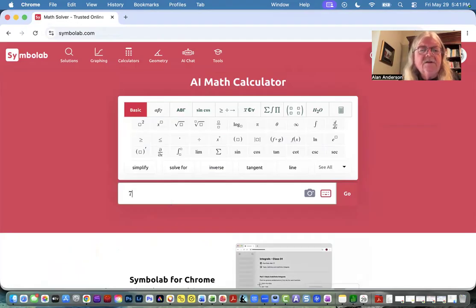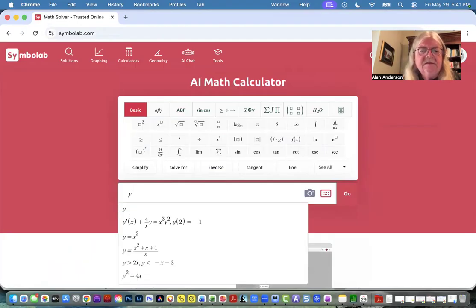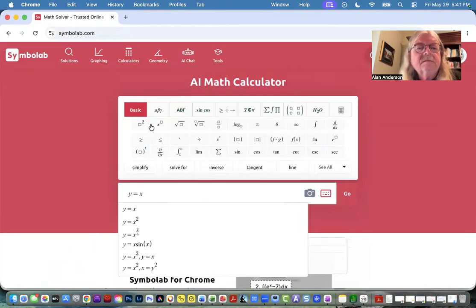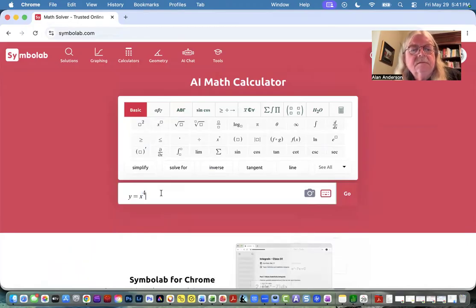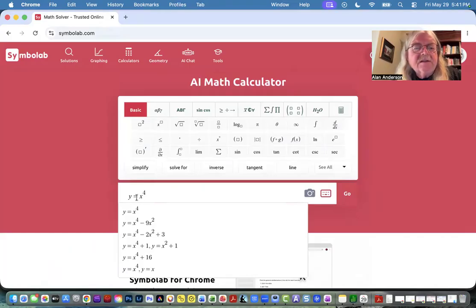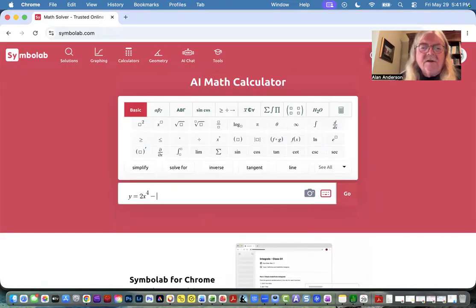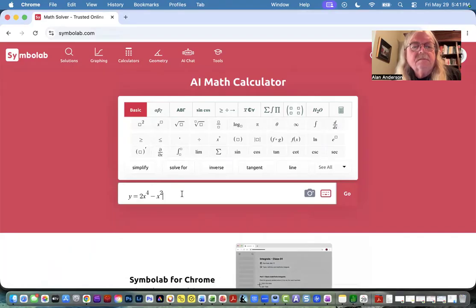All right, so y equals, whoops, sorry, it was 2x to the fourth minus x squared plus 2.